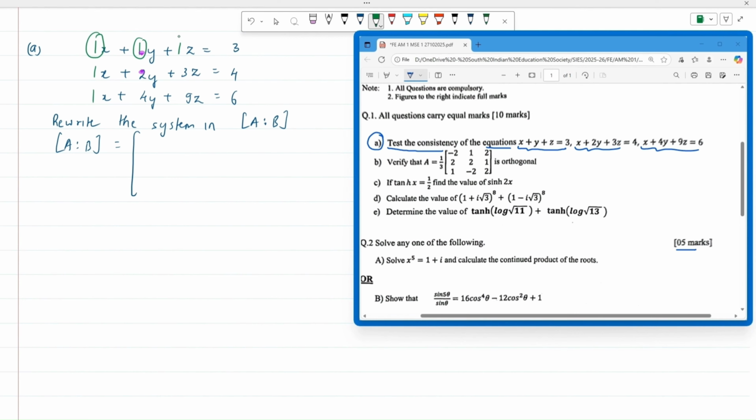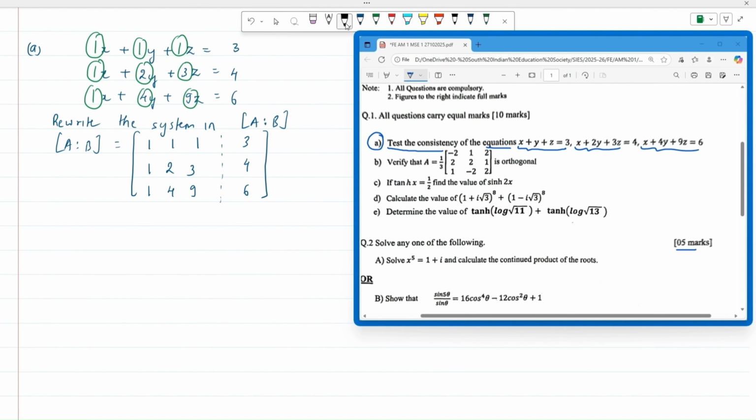So thus we have 1 1 1 as the first row, 1 2 3 second row, and 1 4 9 to be the third row. So we have here 1 1 1, 1 2 3, 1 4 9, and then we have a separator here, and then the constant part, which is 3, 4 and 6.